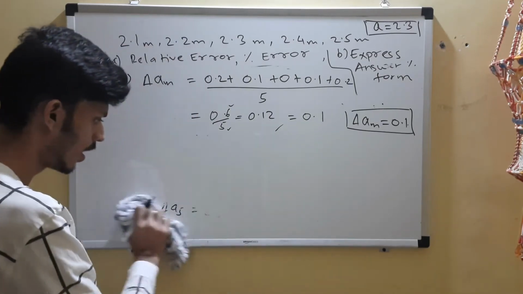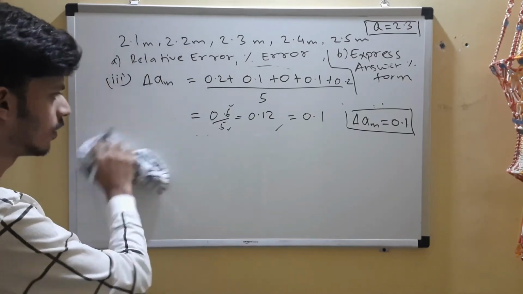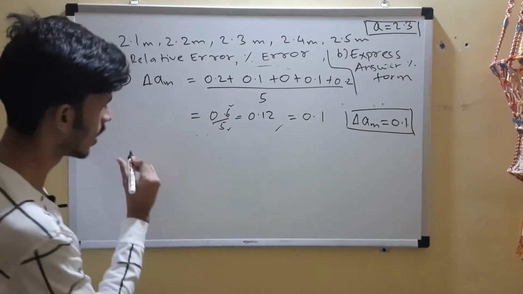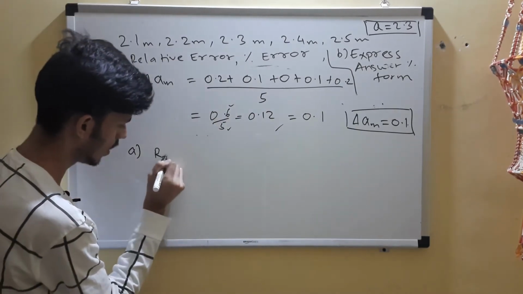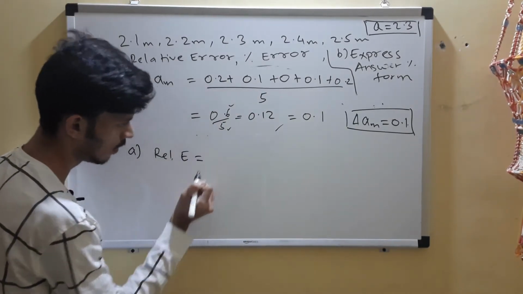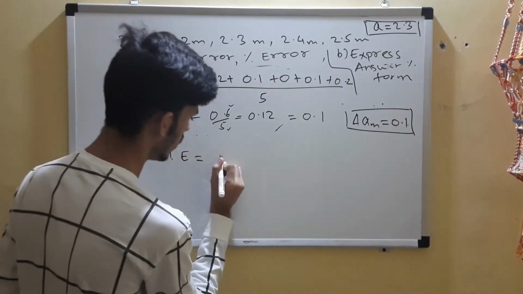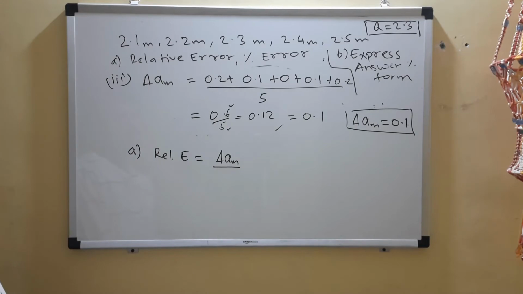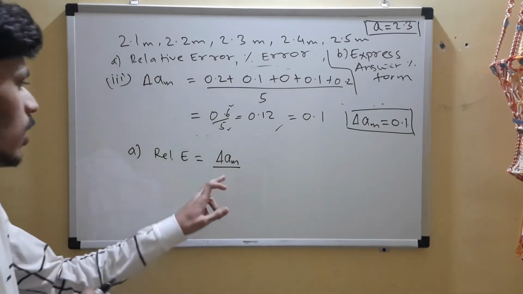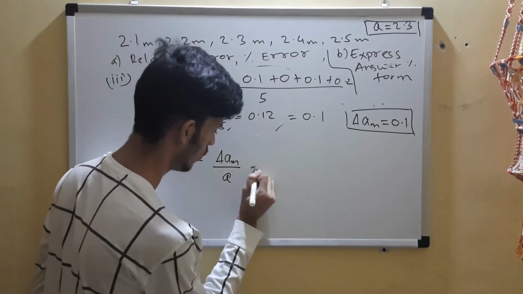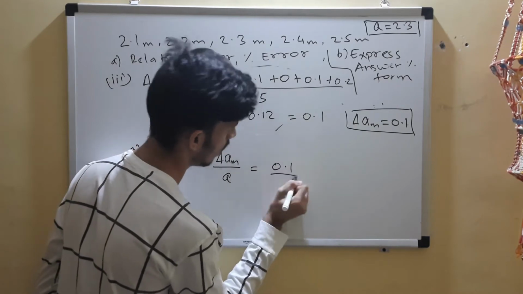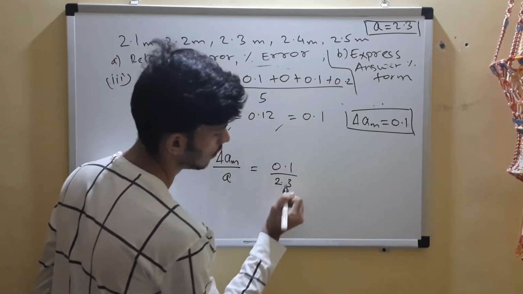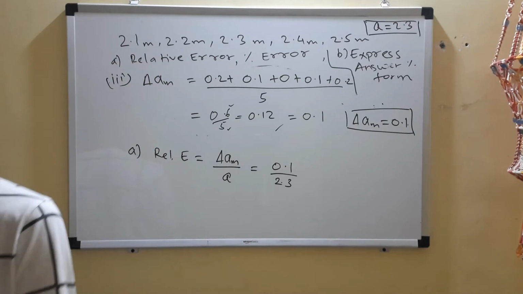Now we won't need this. So finally we have reached the thing where we wanted to, which is calculating the relative error. So relative error will be given by delta A mean upon what? Delta A mean upon A, or the true value. So 0.1 upon 2.3. So you have to calculate this.